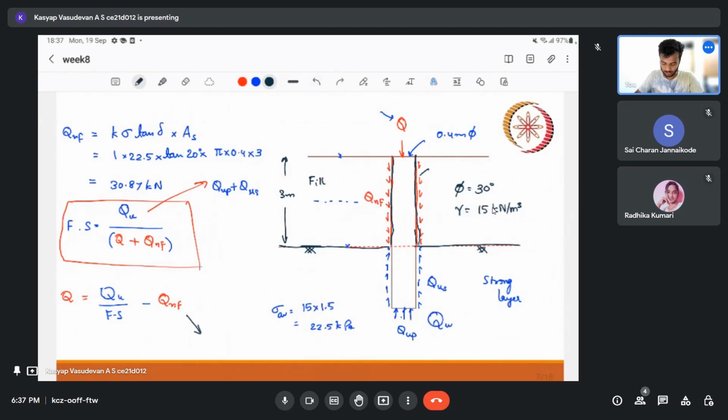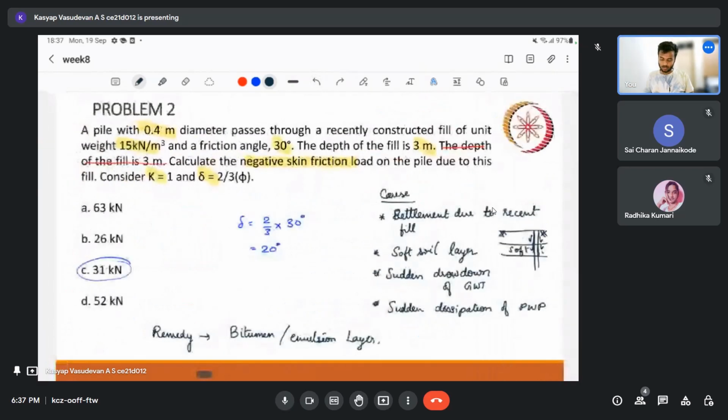So that is one of the remedies, a bitumen layer for soft soil. I should say coating.